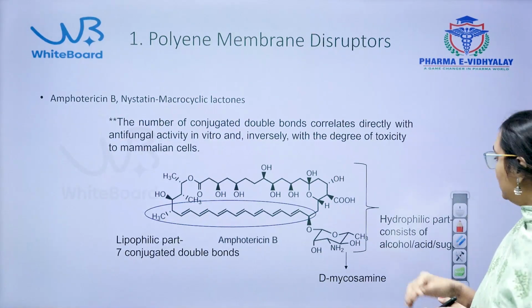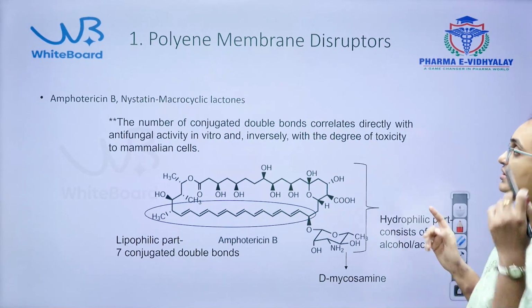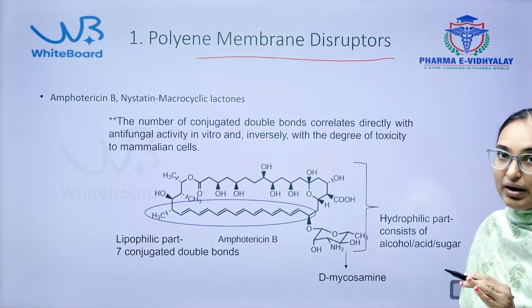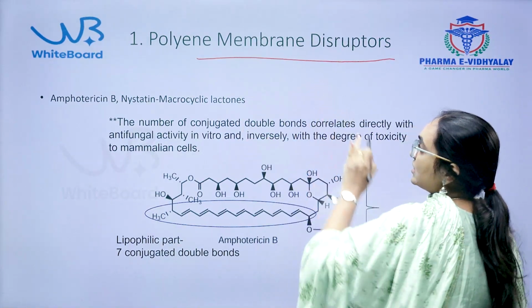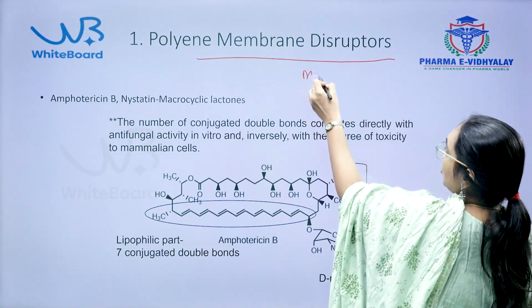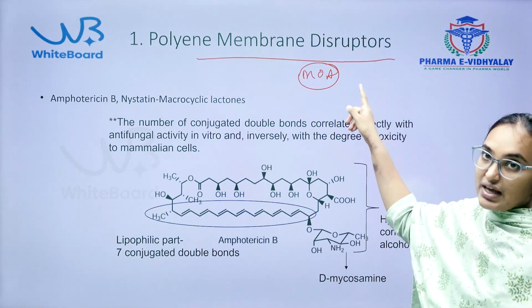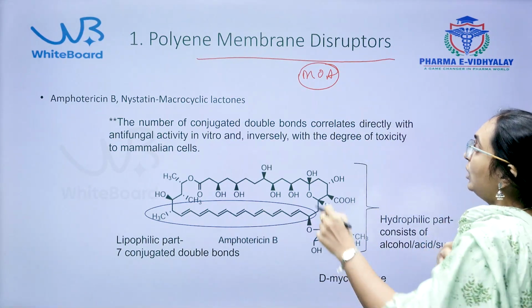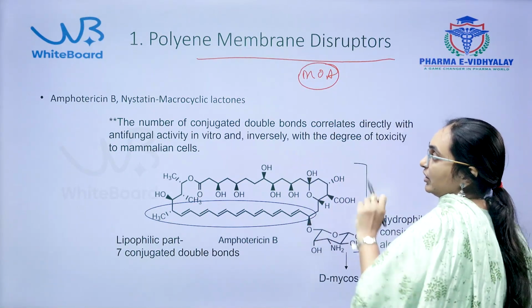Next, the first class is polyene membrane disruptors. That is a classification based on the chemical structure and mechanism of action. This classification is based on mechanism of action. Polyene membrane disruptors are antibiotics.